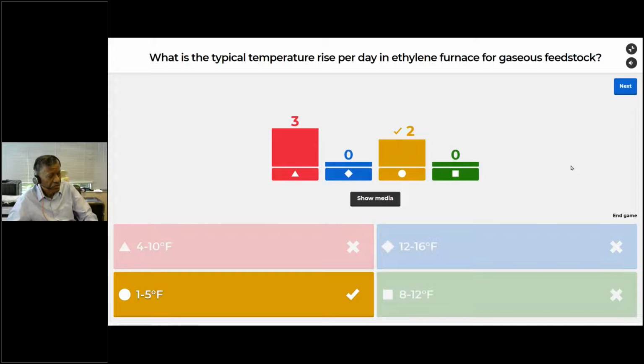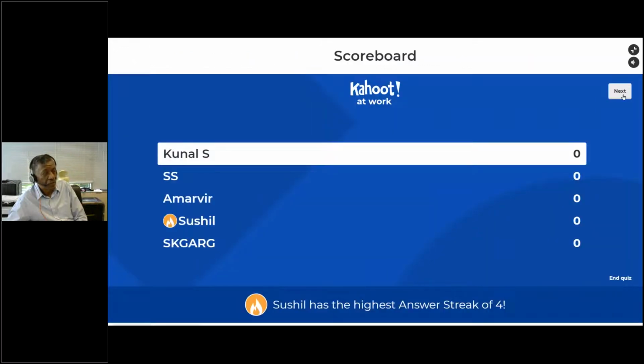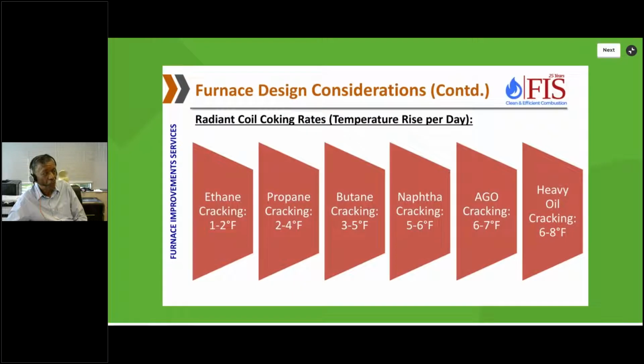But anyway, this is 1 to 5 degrees, the best furnace. If you have 4 to 10 degrees, or 8 to this thing, you will have much faster coking. So these are the typical temperature rises.